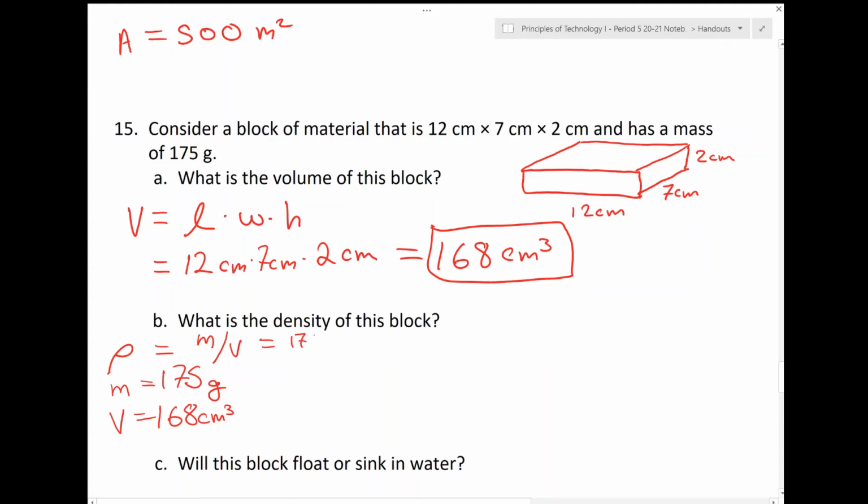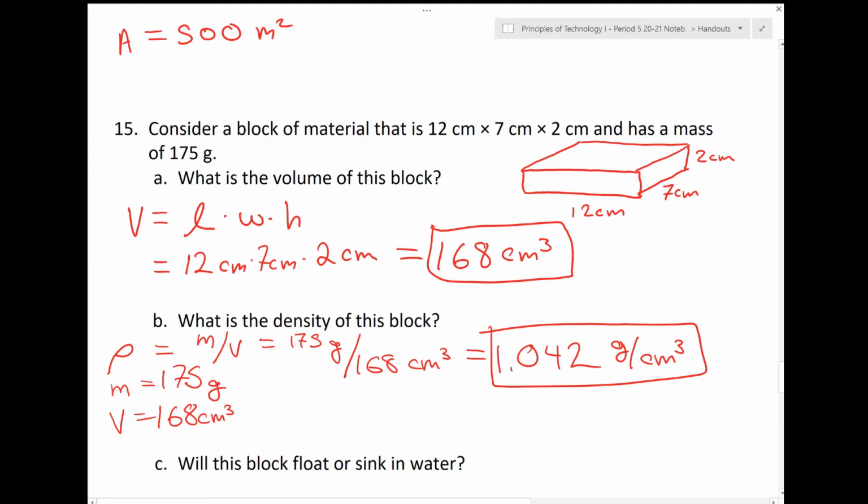So 175 grams divided by 168 cubic centimeters gives you 1.042 grams per cubic centimeter, which does not have any particular unit name, so we just leave it as grams per cubic centimeter.